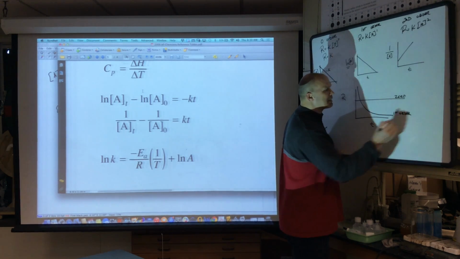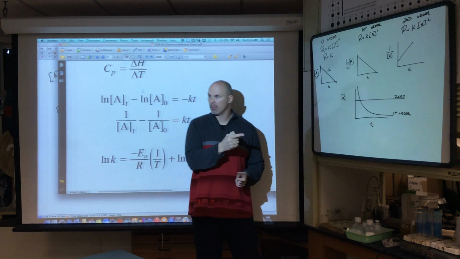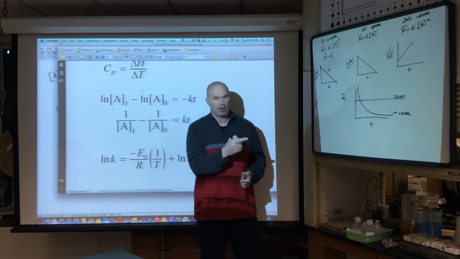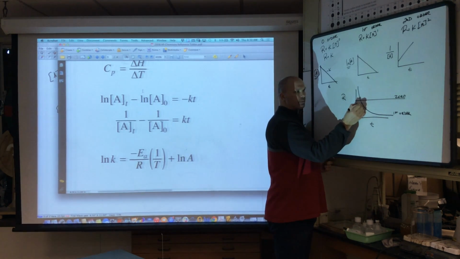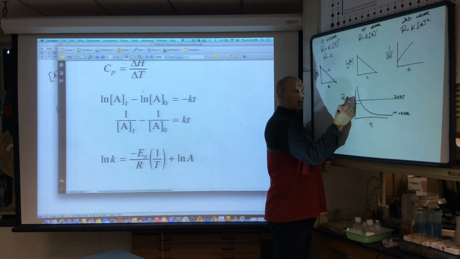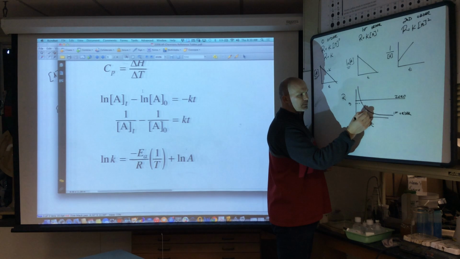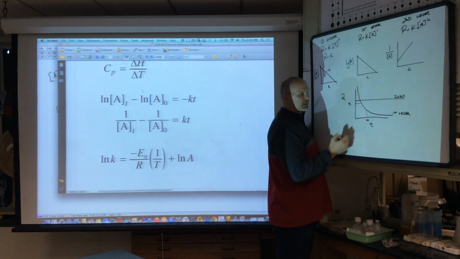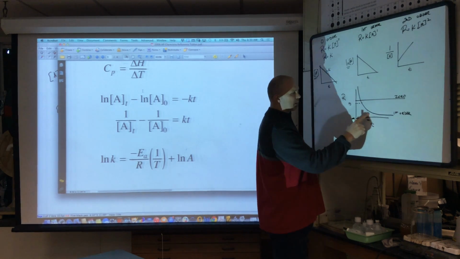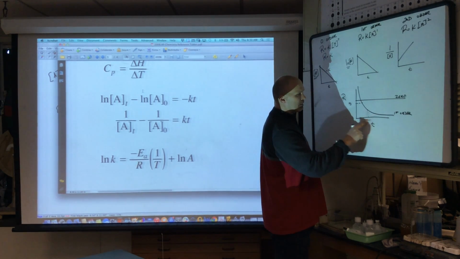If it's first order, it gives us our classic half-life curve. Classic half-life curve. Meaning, if I've got, I don't know, 10 grams of the reactant at a certain time period, let's make it 10 seconds here.